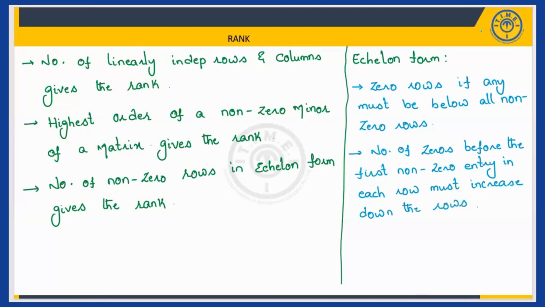So if a matrix satisfies these two conditions, then we can say it is in echelon form.